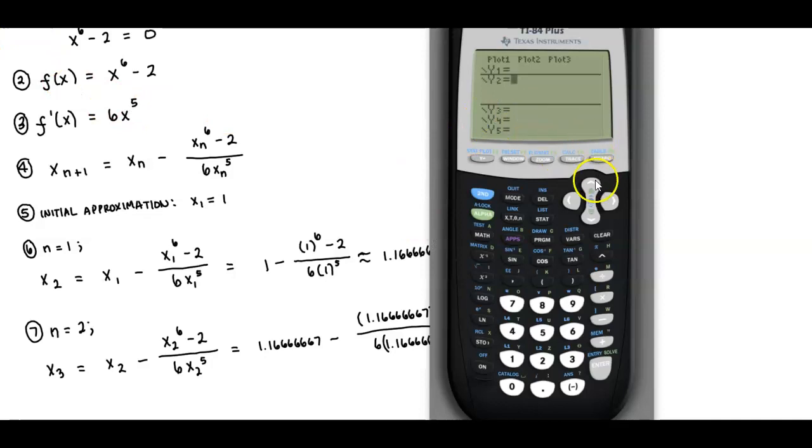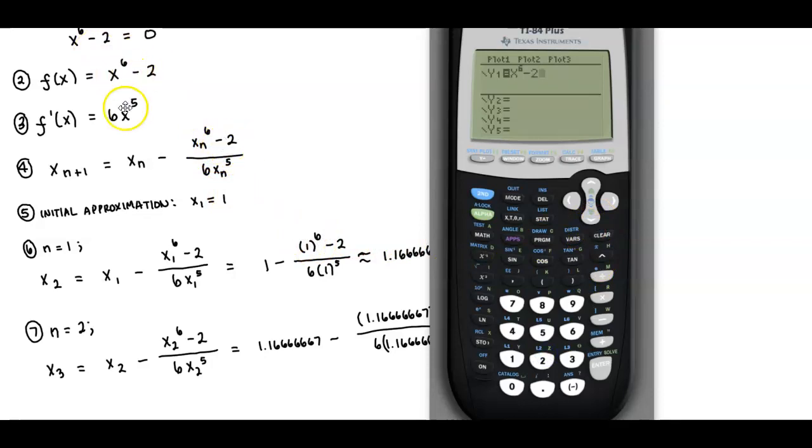When using the TI84 calculator, the first thing you want to do is put in the function and its derivative. We're going to go to y equals, and in the y equals section, we're going to put in the function x to the 6th, so x up arrow to the 6th, and then minus 2. That's going to represent the numerator here.